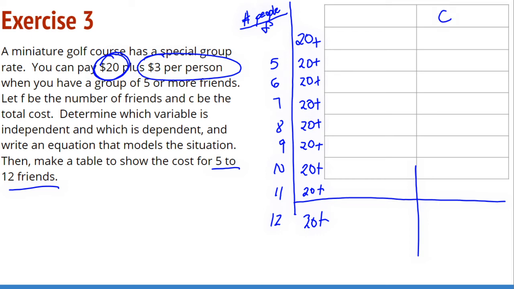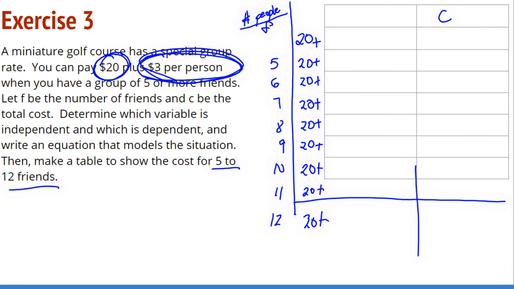Now, what I haven't found yet is the cost of just the friends. I've got the $20 flat fee, but the friends are $3 per person. Okay, so I need to take the number of friends and I need to multiply it times 3.